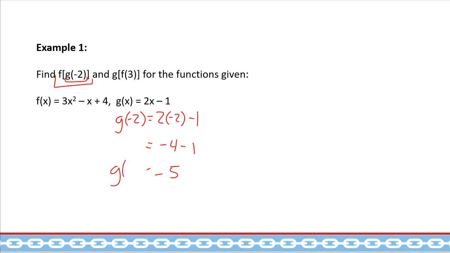So g of -2 is equal to -5. This part right here is -5. I am going to take that -5 now and feed it into my f function. So I now am going to find f of -5.